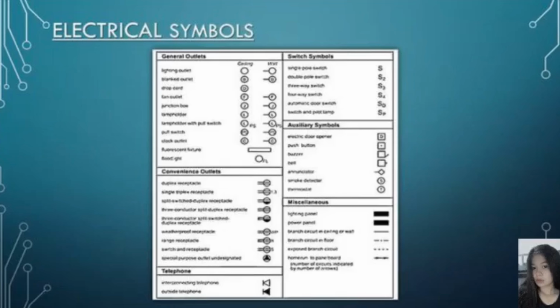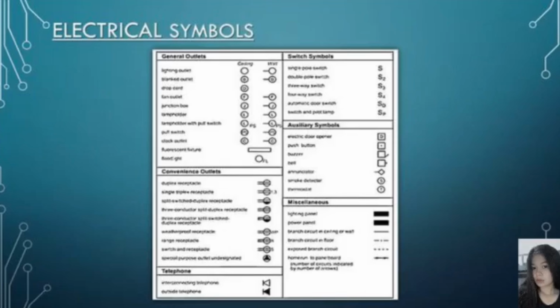Next, we have convenience outlets, which are the duplex receptacle, single triplex receptacle, 3-conductor split duplex receptacle, 3-conductor split switch duplex receptacle, weatherproof receptacle, range receptacle, switch and receptacle, and special purpose outlet undesignated. Next, telephone.